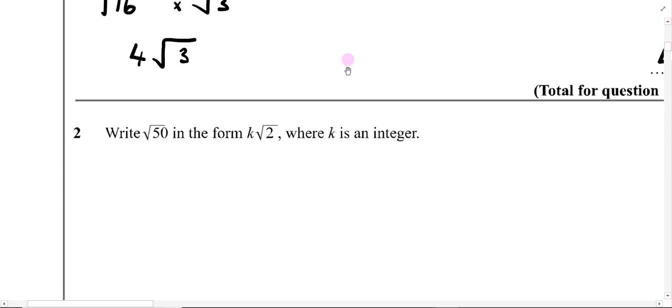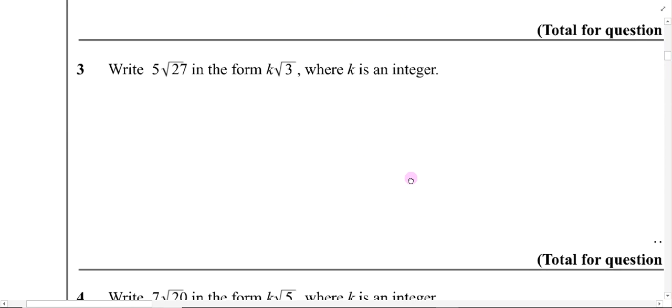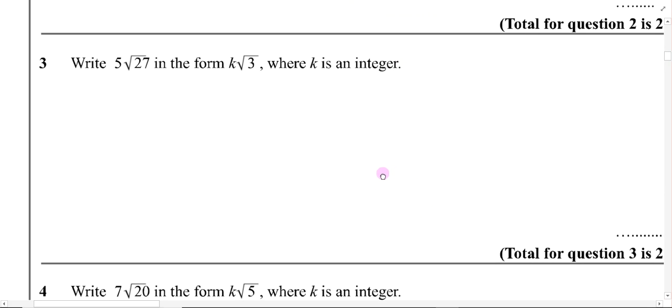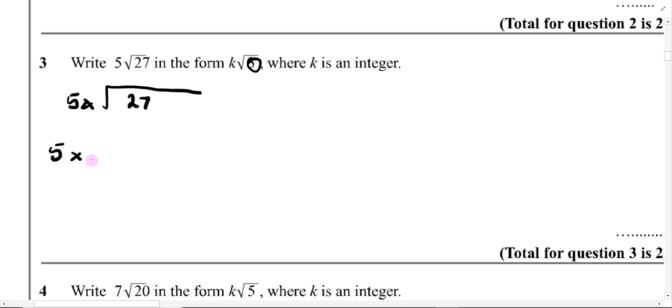I don't understand 3 or 4 still though. Okay, well the thing with 3 is the same thing. We've got 5 times root 27, but root 27, again we're looking for a 3 times a square number, so we can do 5 times root 9 times 3.